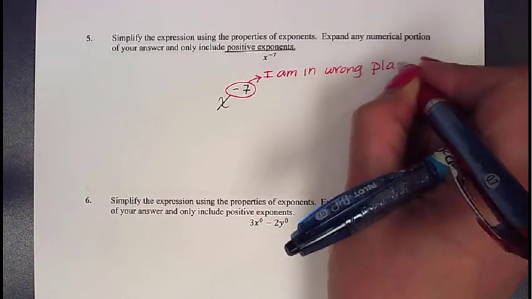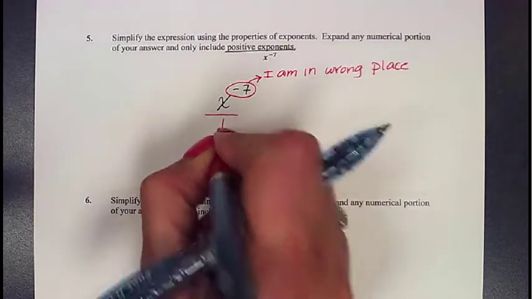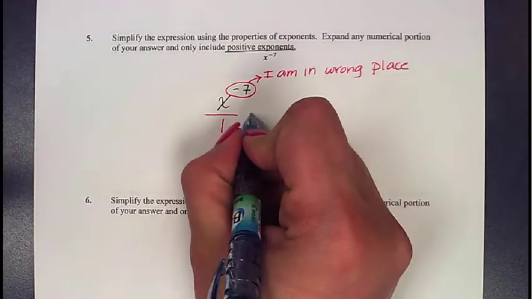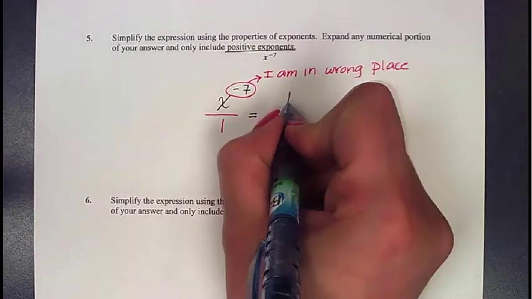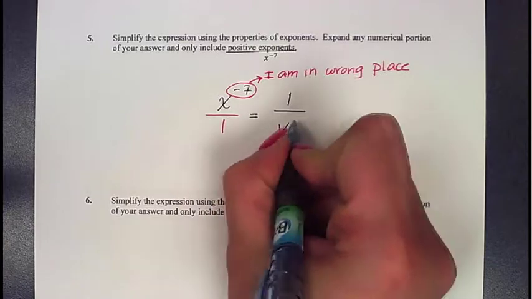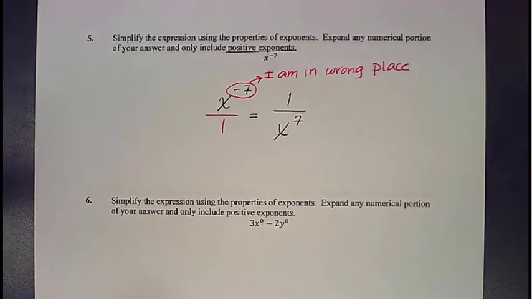Right now he's technically over 1, so to make him in the right place we need to flip this over. This would be 1 over x to the positive 7. And notice that the entire term moves to the denominator, not just the 7, but the whole thing, x to the 7th. And what we change is the fact that the negative becomes a positive 7.